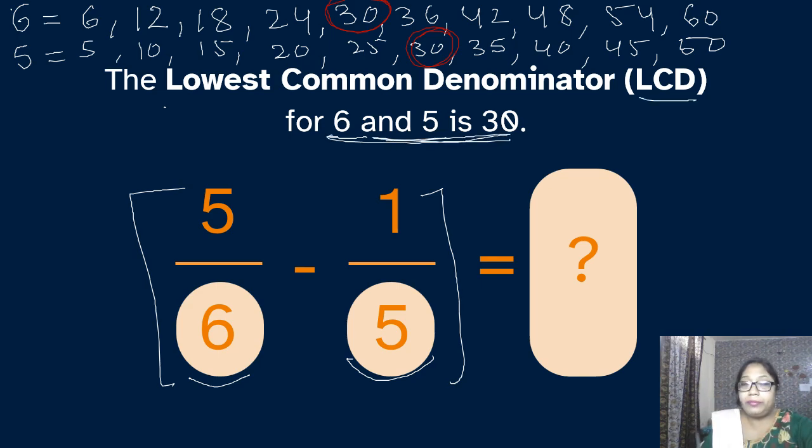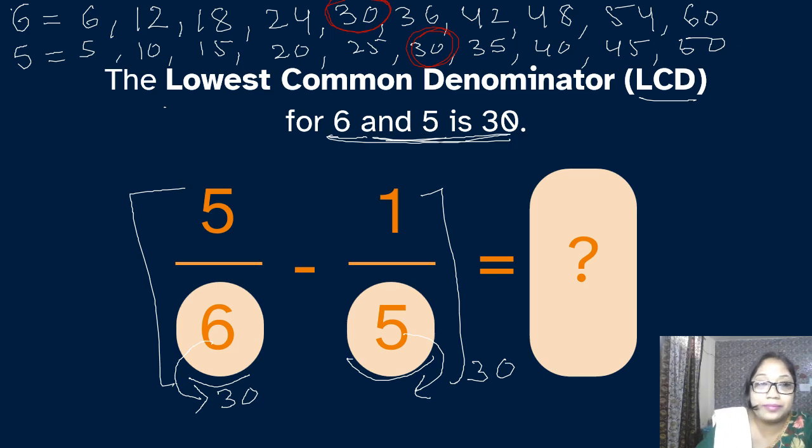Now that means we have to make this denominator 30 and this denominator 30. जब ये 30 होंगे, that means like fraction होंगे. So let's see how we will do this.